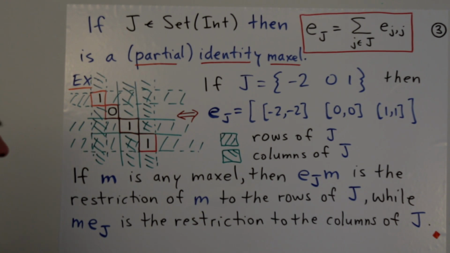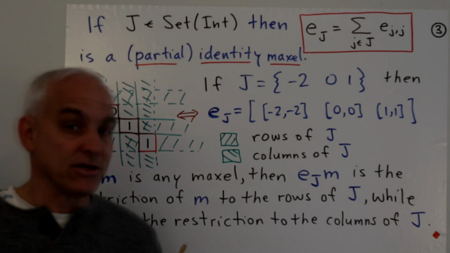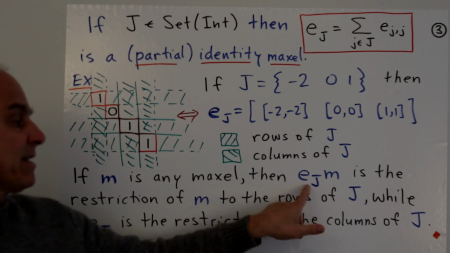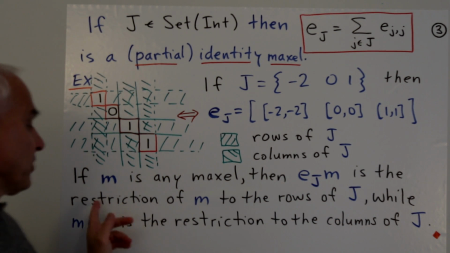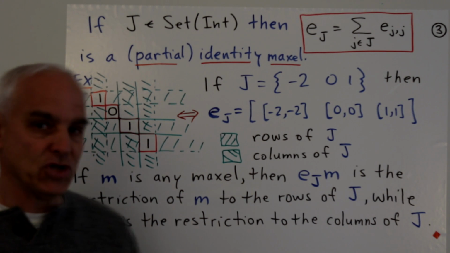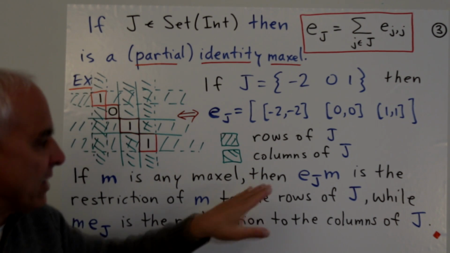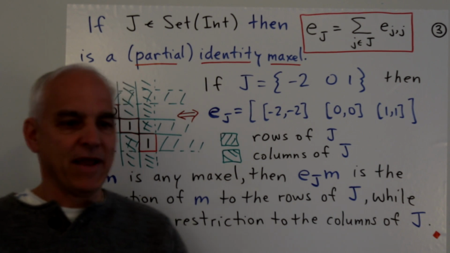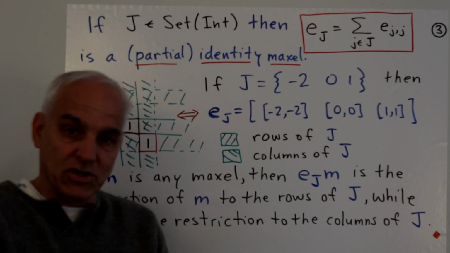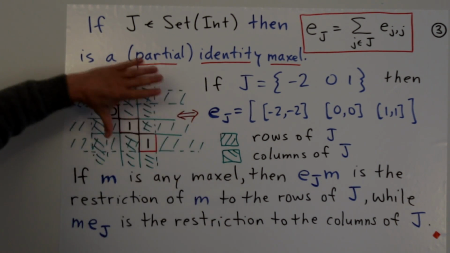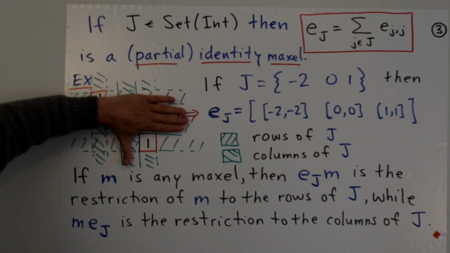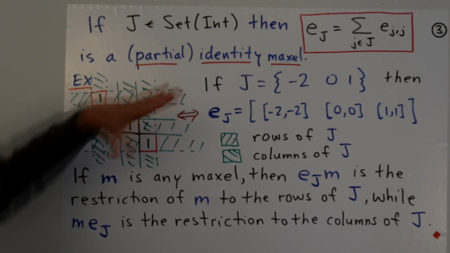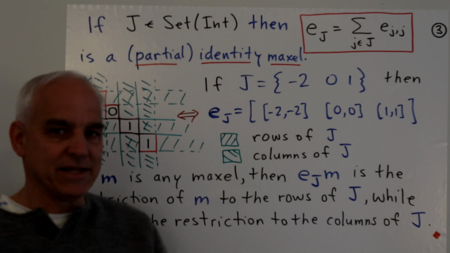Now, if M is any maxel, then the product E sub J M is the restriction of M to the rows of J. The effect of multiplying by E sub J is the same kind of story that happens in the situation that we started talking about, where we were just restricting to indices 1, 2, 3, and so on. The algebra is completely the same.